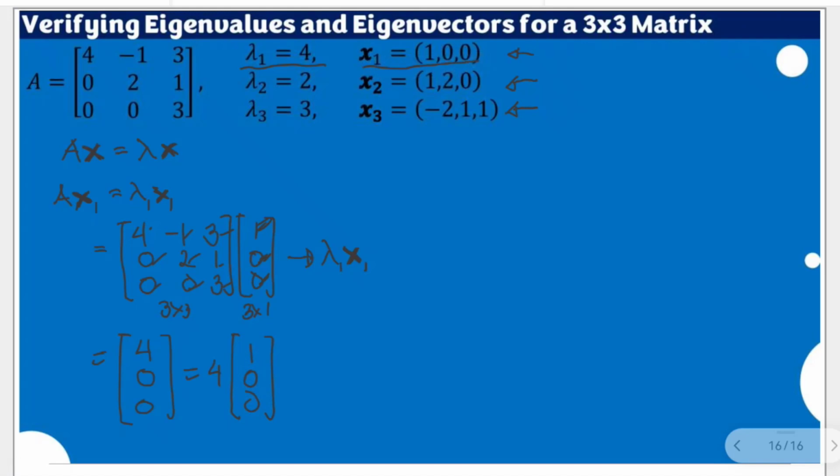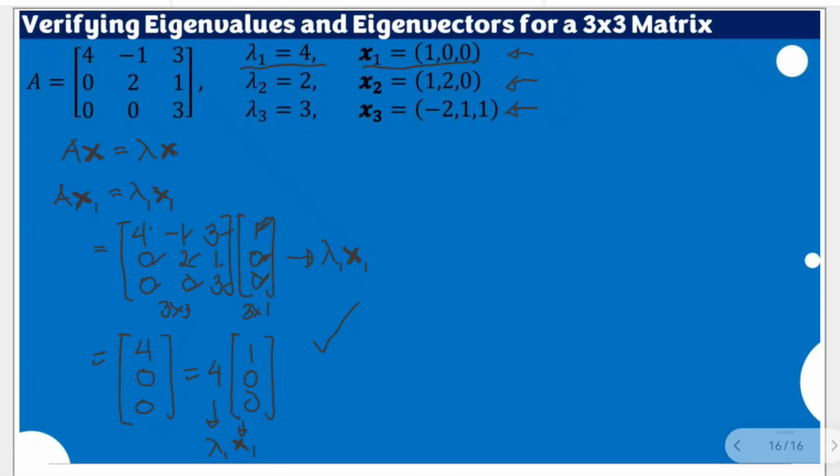This means 4 is the eigenvalue with the corresponding 1, 0, 0 as the eigenvector of your matrix A. That's just one, and we are still going to verify the next two pairs.